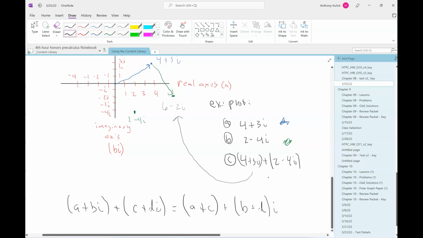That's ostensibly all we're doing, combining like terms, right? And I guess we could do this as plus or minus. Is that okay?